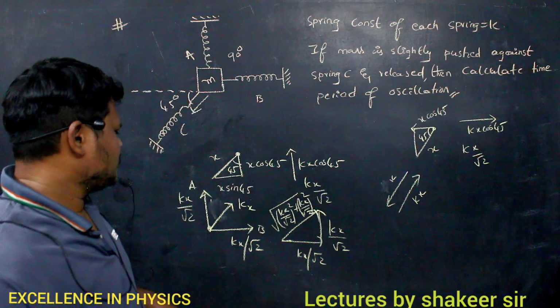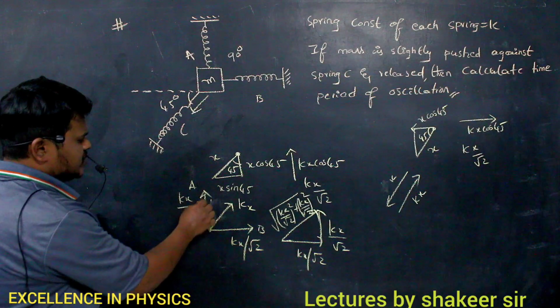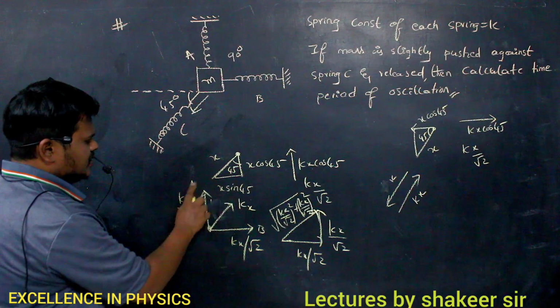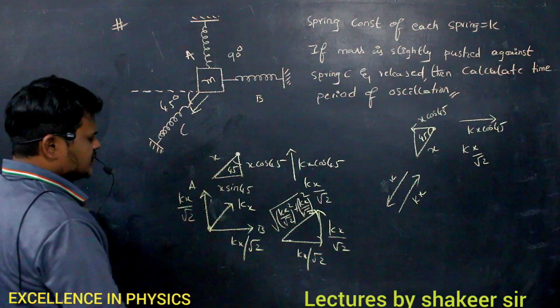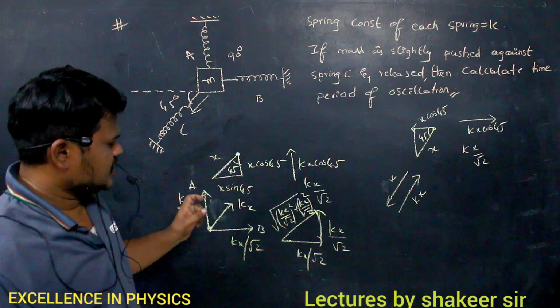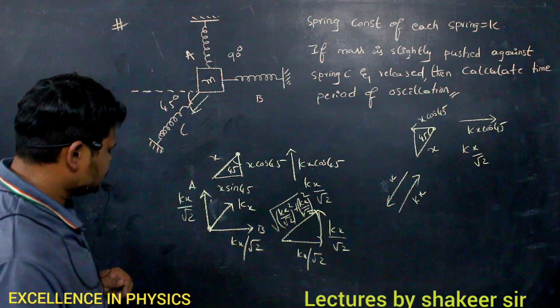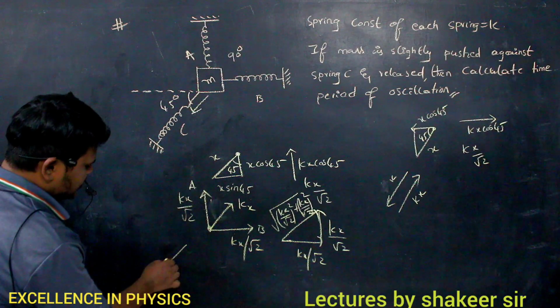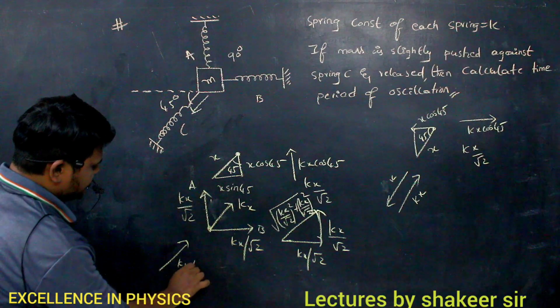Clear? So therefore what is the total restoring force? The resultant of these two will be kx, and already there is one kx because of the restoring force produced in spring C. So therefore the total restoring force will be in this direction, which will be kx plus kx.